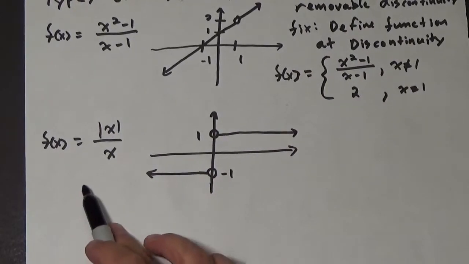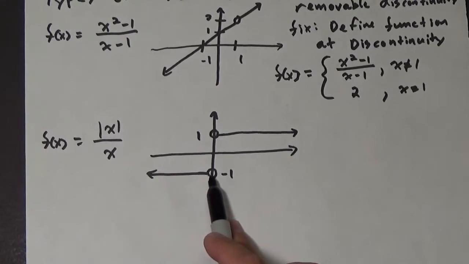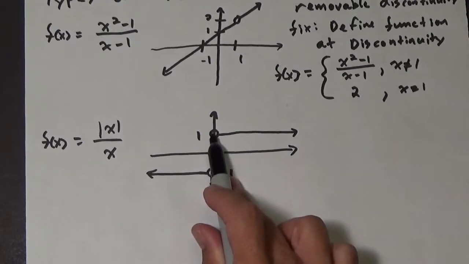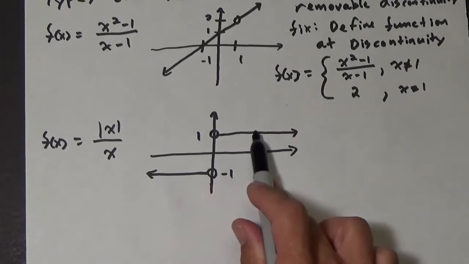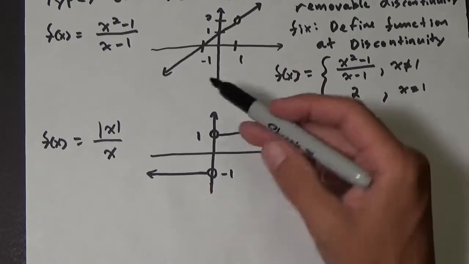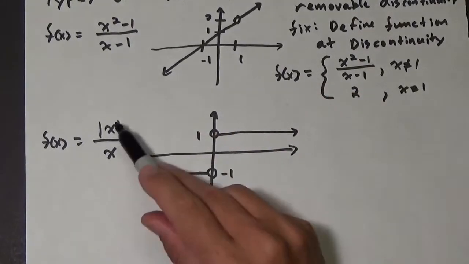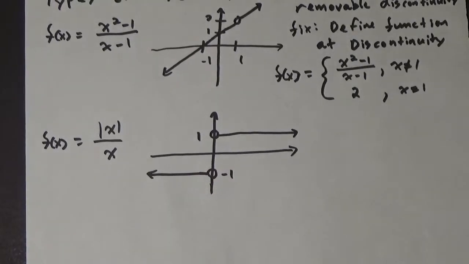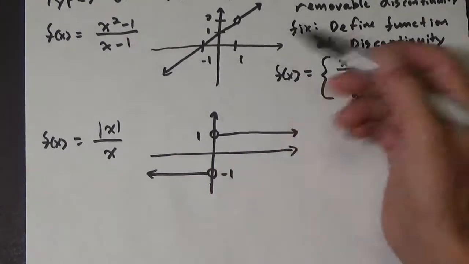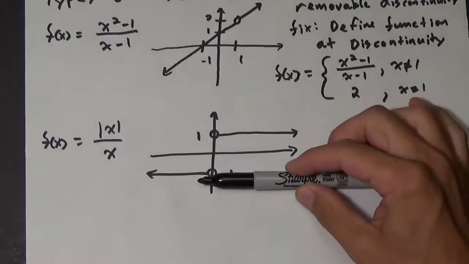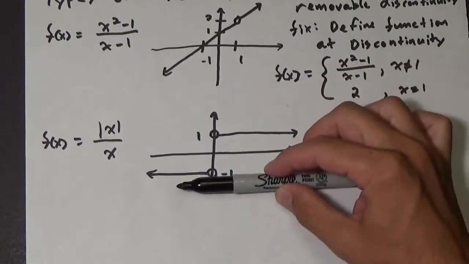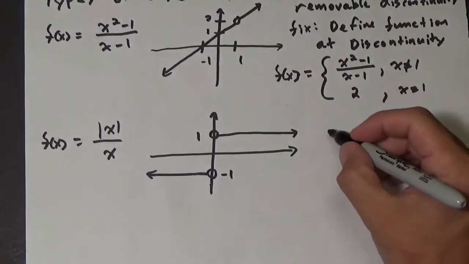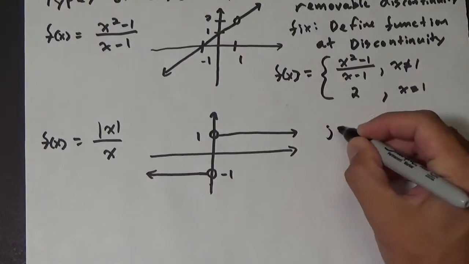So on the negative side, we're always at negative 1, and all of a sudden at 0, we just hop up here, and we're always at 1. And at 0, you can't divide by 0, it'd be 0 over 0, so that's indeterminate. So there are no values there. And when we just hop up, we actually call it a jump. And so this is a jump discontinuity.